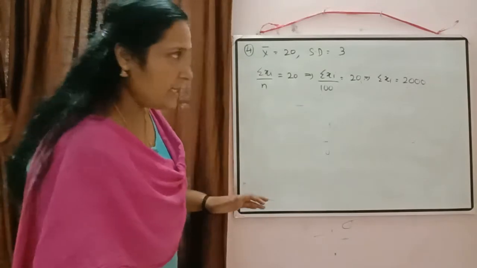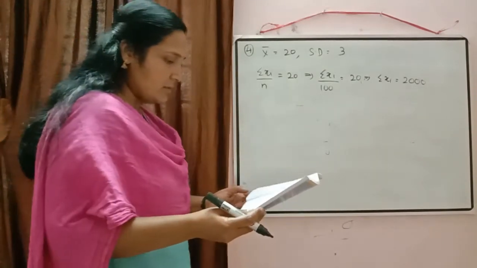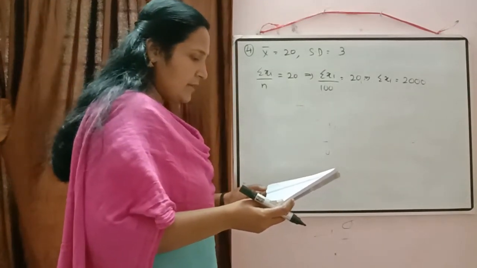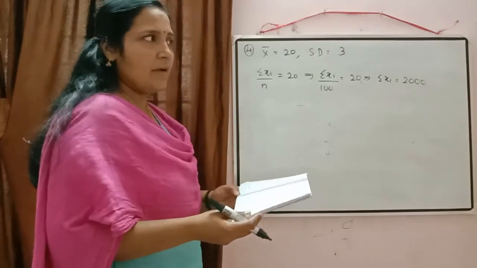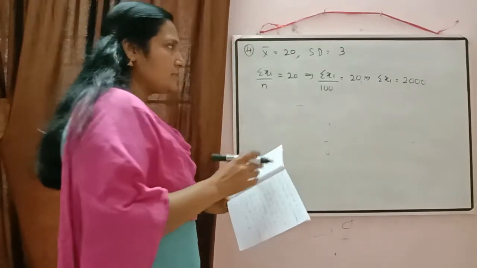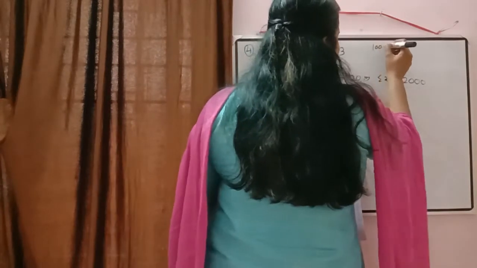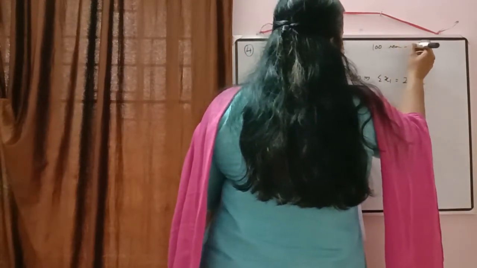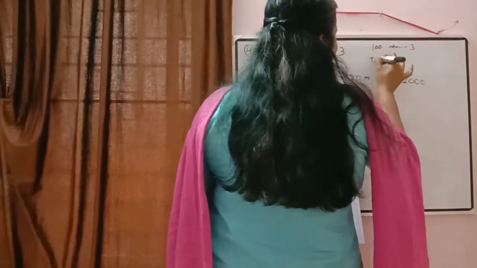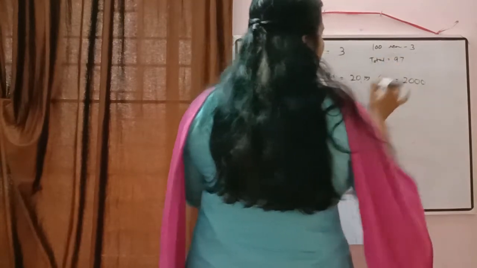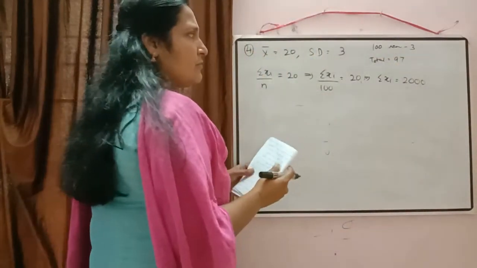Now this sum includes the observations 21, 21 and 18. So now what we have to do is remove these observations. Out of 100 observations, we are removing 3. Now the total number of observations will be 97, and the total will also be less.